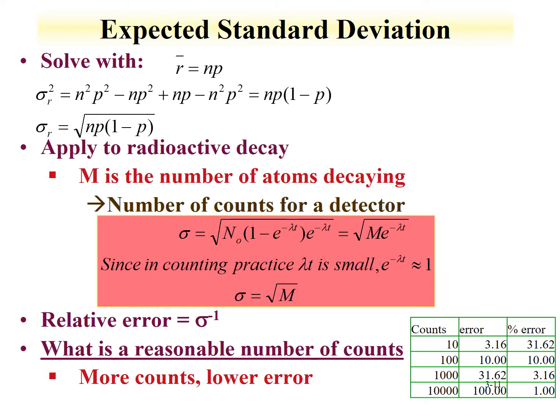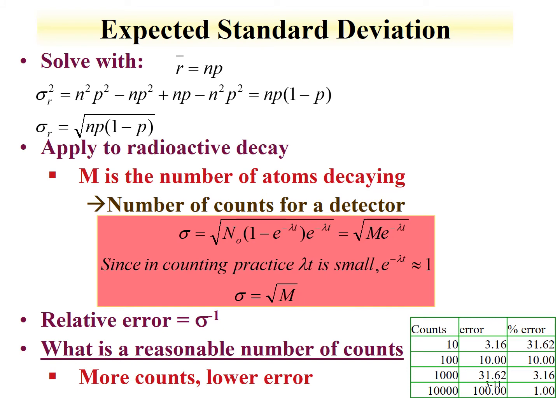So continuing with the expected standard deviation, we have the average number of counts is equal to the number times the probability. This gets expanded, the square of the standard deviation is equal to NP times 1 minus P. So the standard deviation is the square root of NP times 1 minus P, and we apply that to radioactive decay.